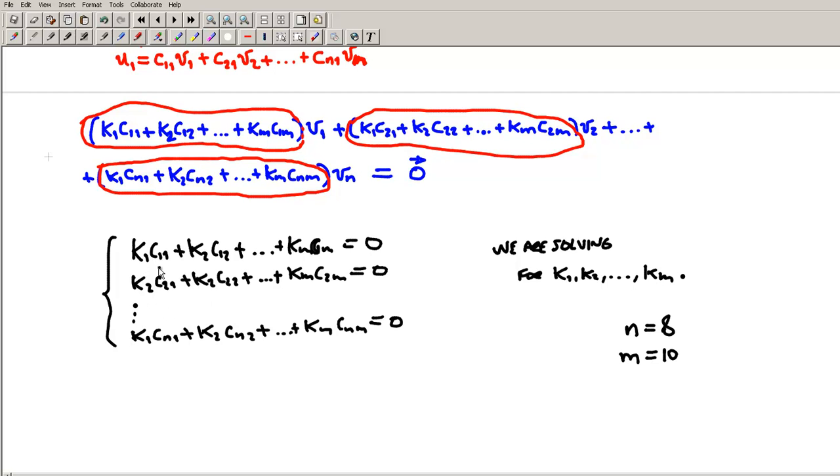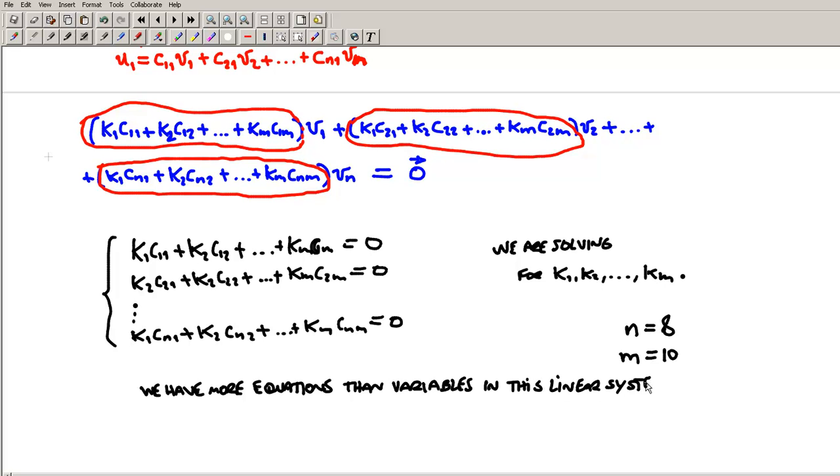You only have n equations, see here, c1, c2, cn. So there are only 8 equations with 10 variables. So the conclusion is that we have more variables than equations in this linear system. Therefore, the solution is not trivial.